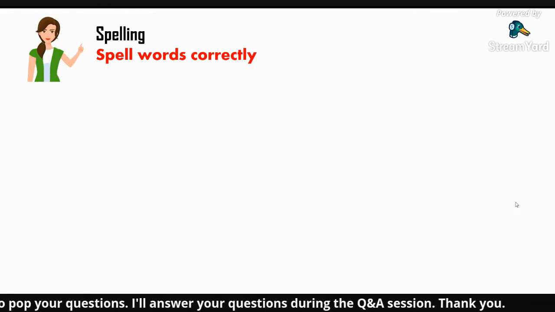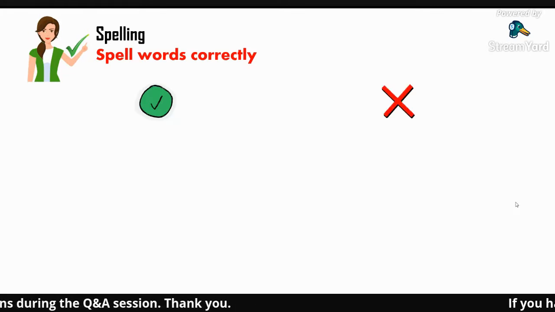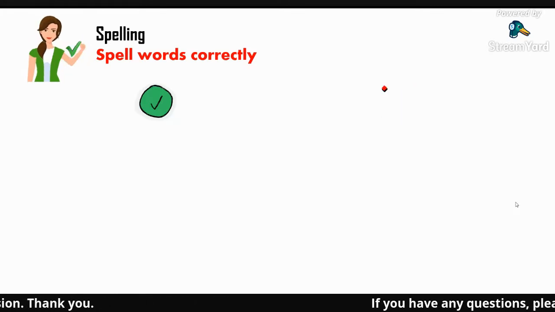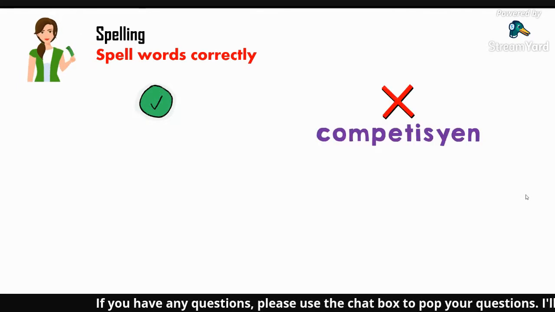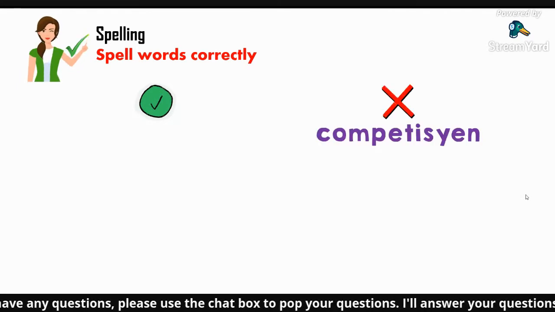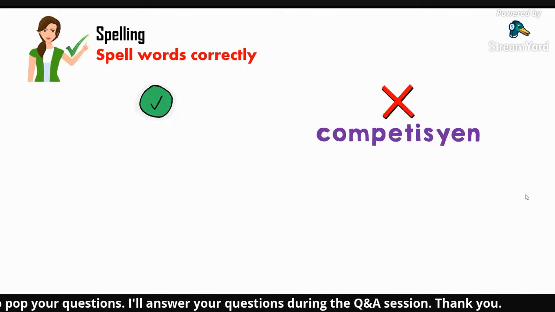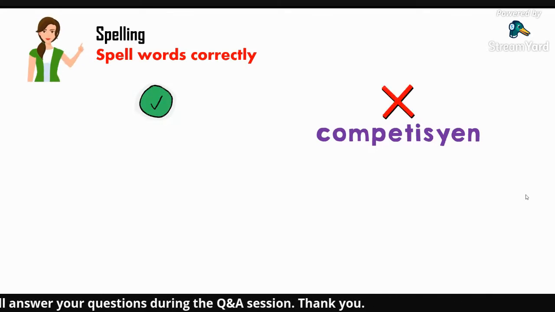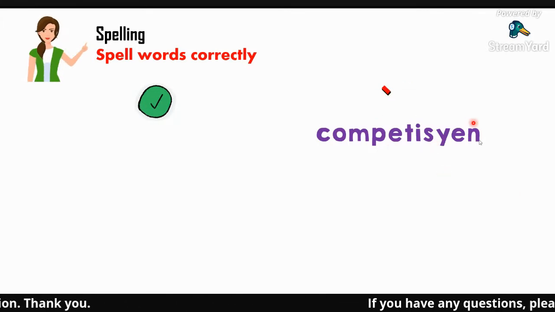Okay, now we are going to look at some examples of the correct ones and the wrong ones. Let's look at this word. What word is that? Can you read? Yes, competition. Now, if you look at the spelling over here, there is something wrong.